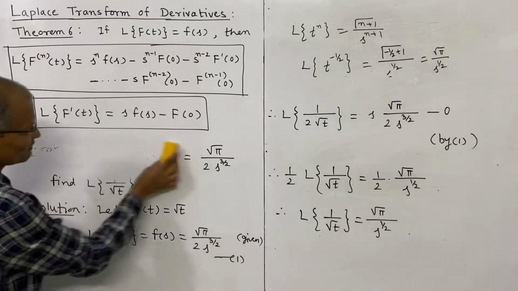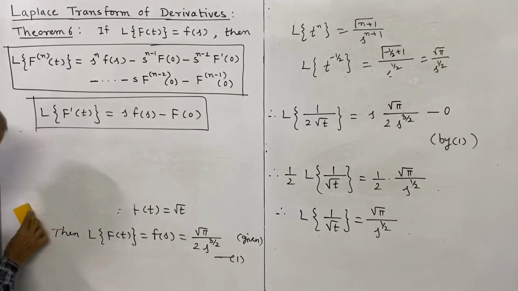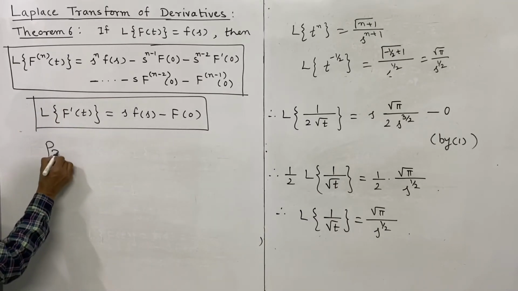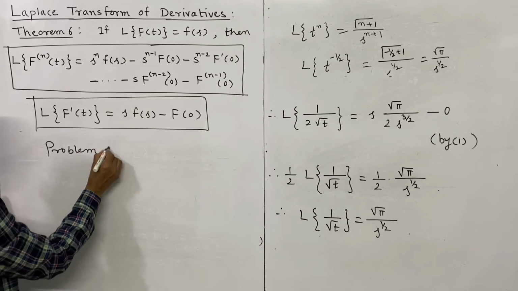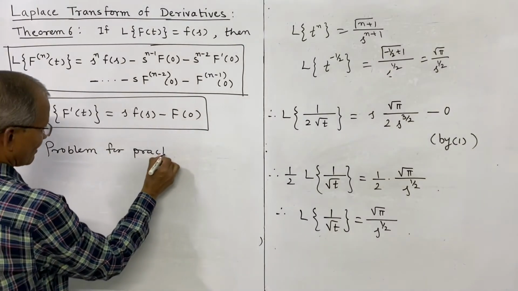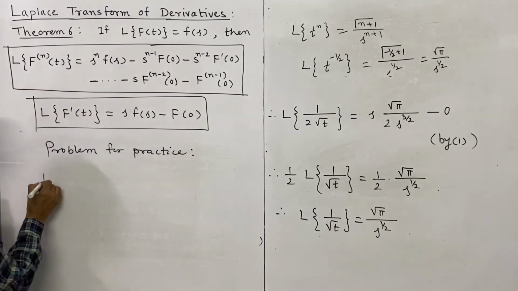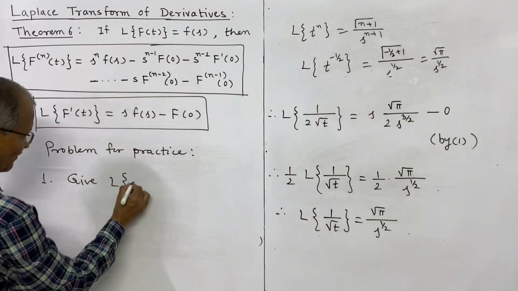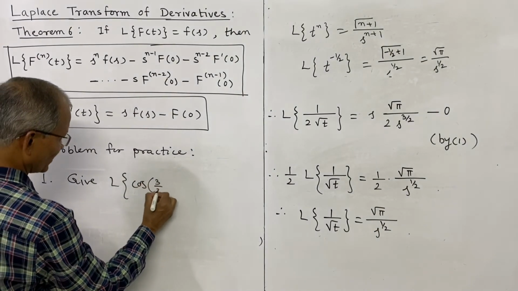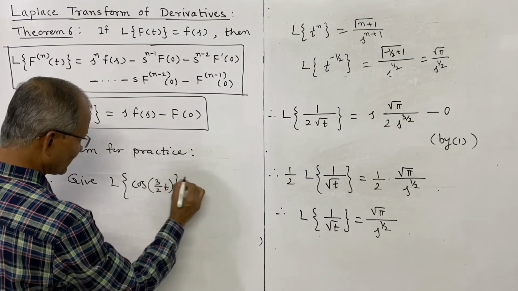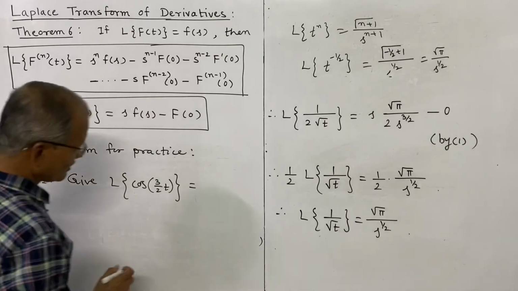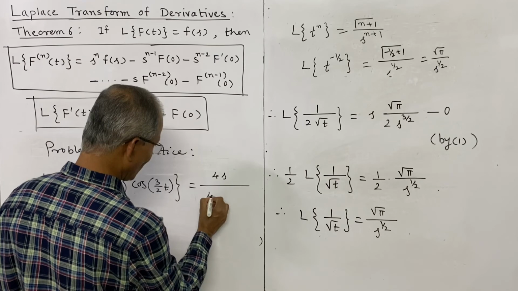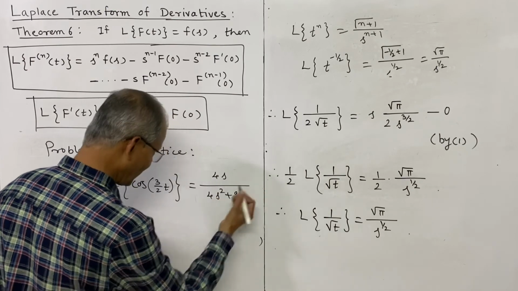Now one problem you should solve yourself, it's a problem for practice. Given Laplace transform of cos 3 by 2 t is 4s divided by 4s square plus 9, we can verify this.